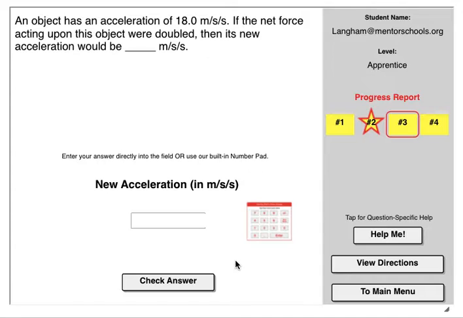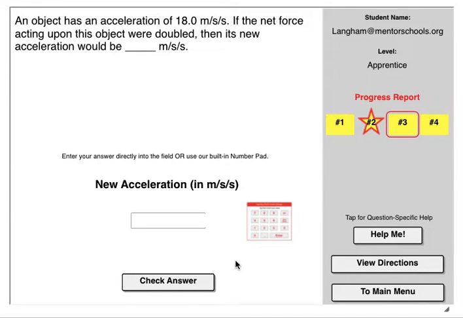So next one here. An object has an acceleration of 18 meters per second squared. If the net force acting on the object is doubled, then the new acceleration is what? In this case, we need to know that net force is directly proportional to acceleration. That means if the force goes up, acceleration is going to go up. And it's doubled.